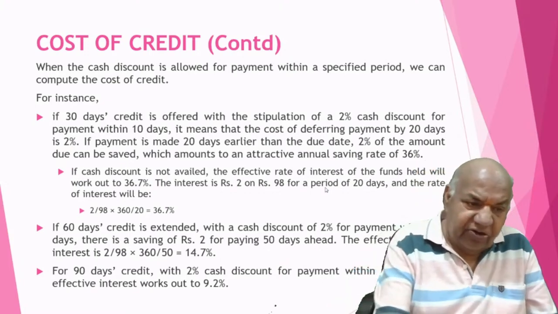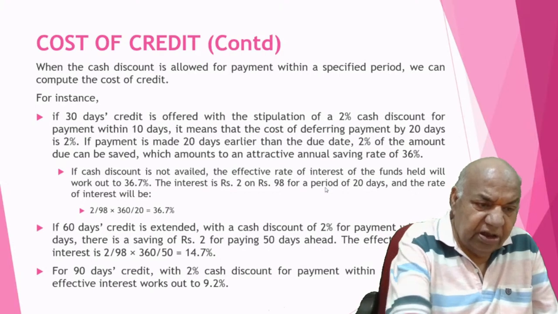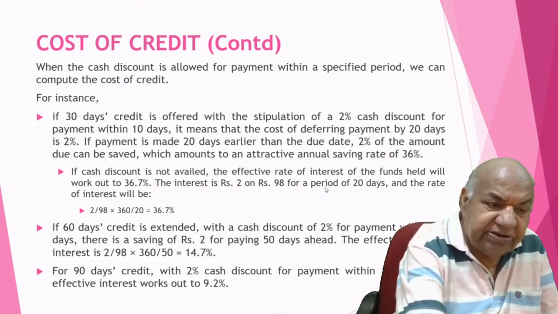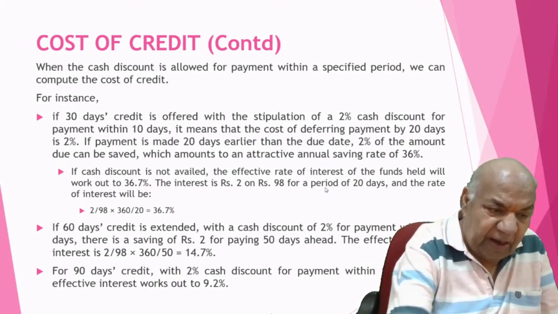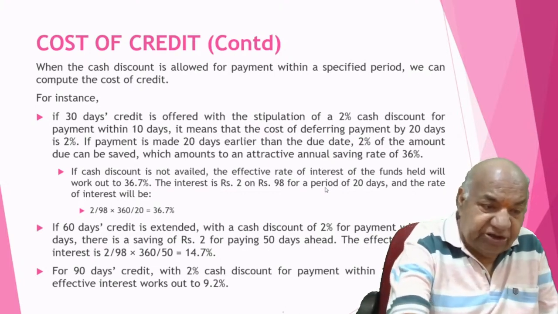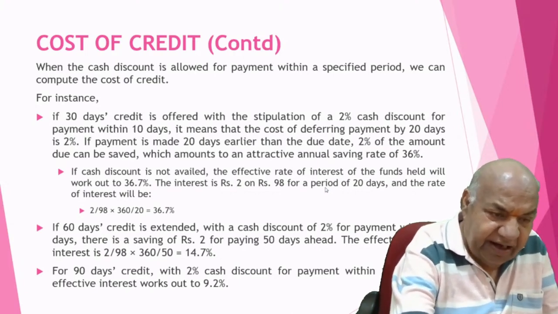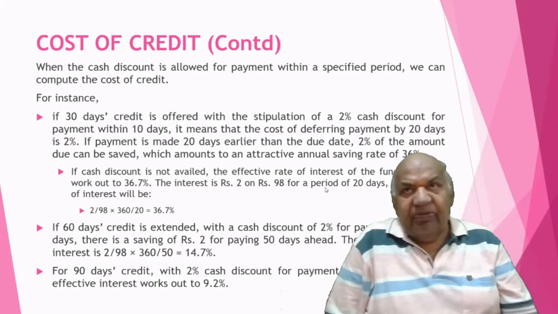And the rate of interest will be by the simple formula of interest: 2 is the interest divided by the principal amount 98, multiplied by the year, assumed to be 360 days, divided by 20, that is 36.7%.